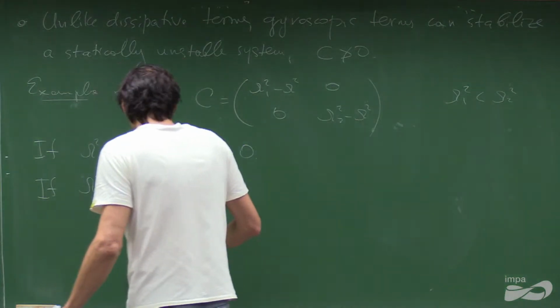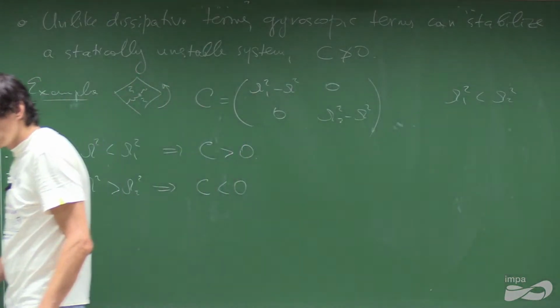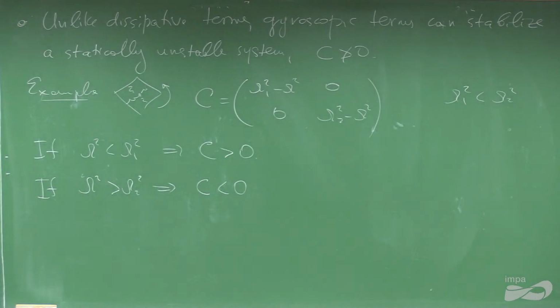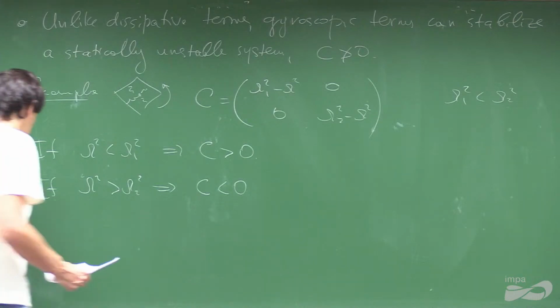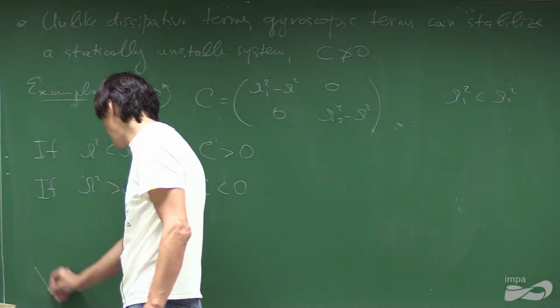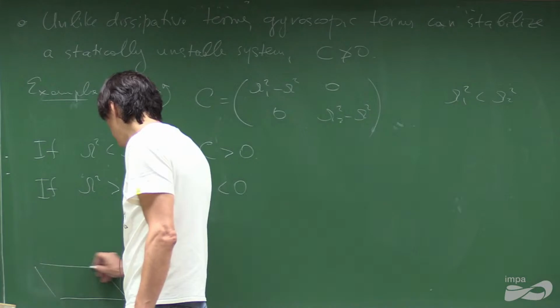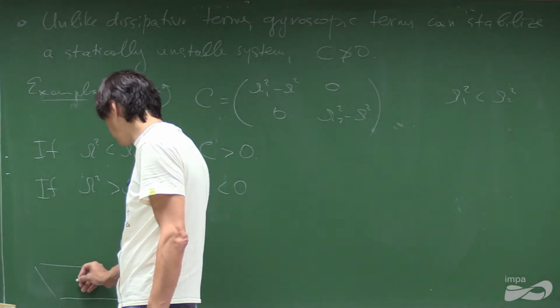So then we get to many interesting applications when the system gets stabilized by gyroscopic terms. This is used in engineering, but the simplest example that you should remember from playing in childhood is a top.